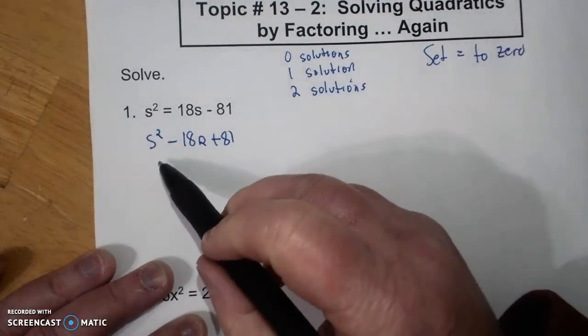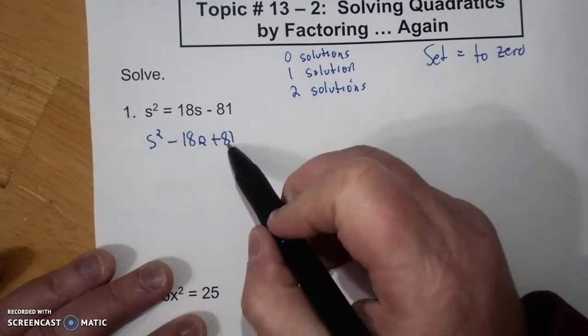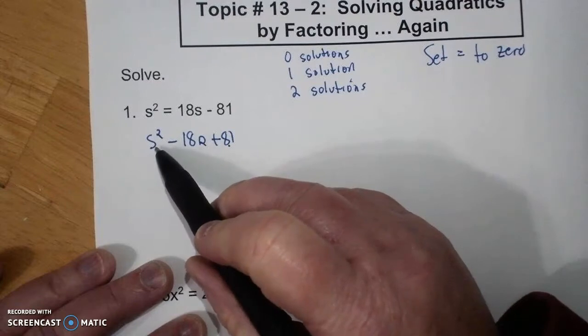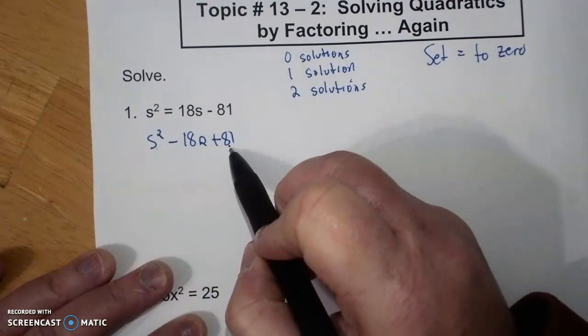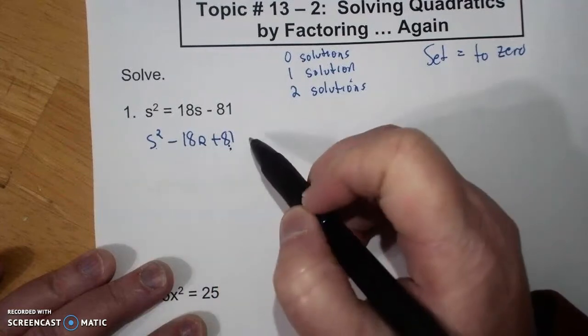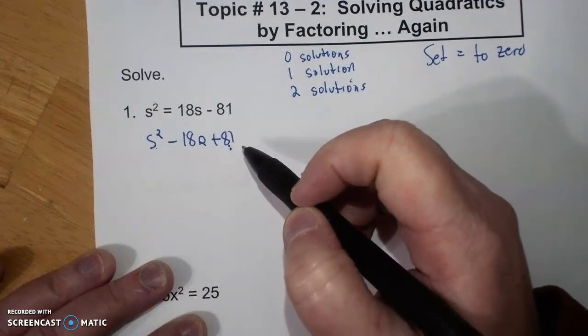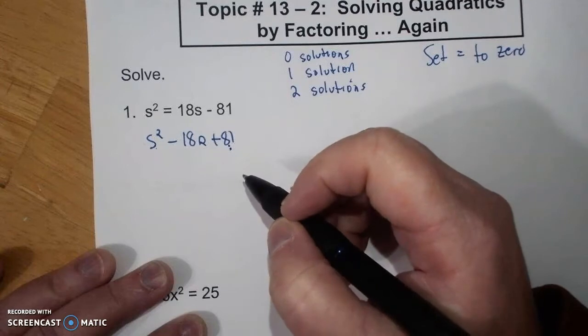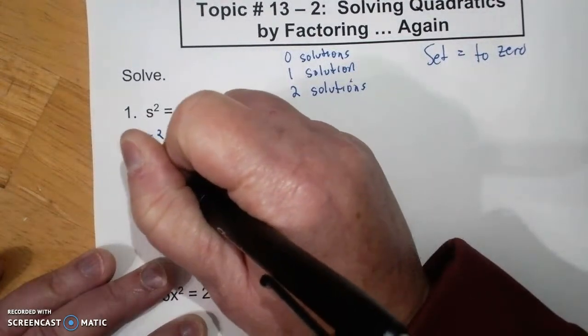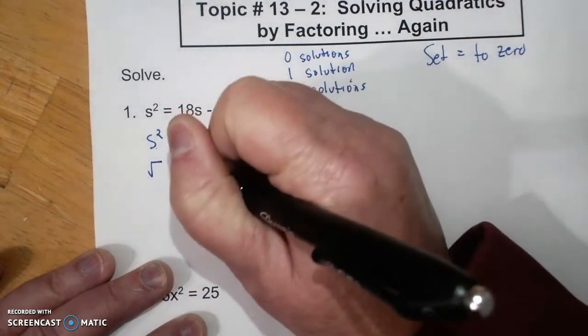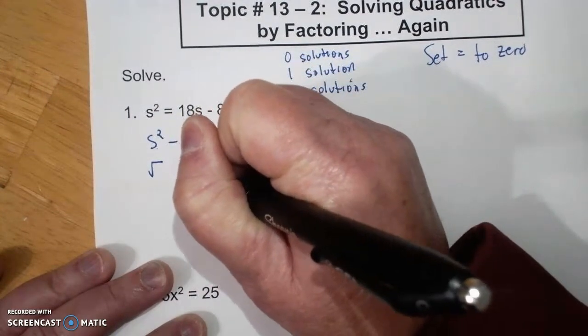We are going to look at, there's a 1, there's a 9, and we are seeing that this is a perfect square trinomial. And remember that you have the square root here, the square root here, and this is 2ab.